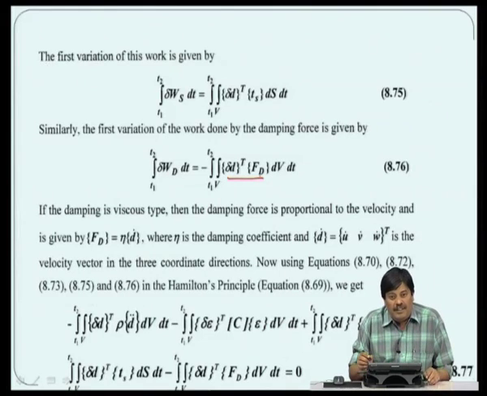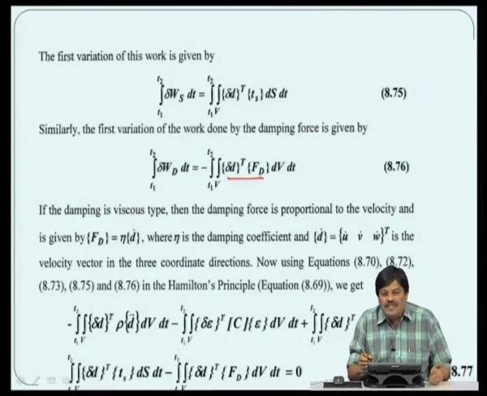While treating damping, there are different ways of damping. The damping could be frictional, it could be based on material property, or it could be viscous. The most common type, which is mathematically easily tractable, is basically the viscous damping.